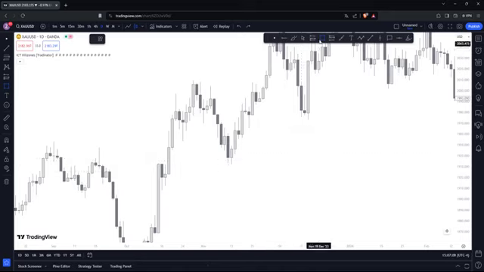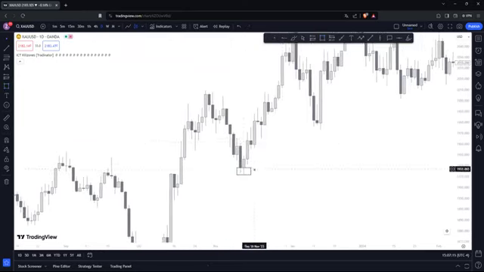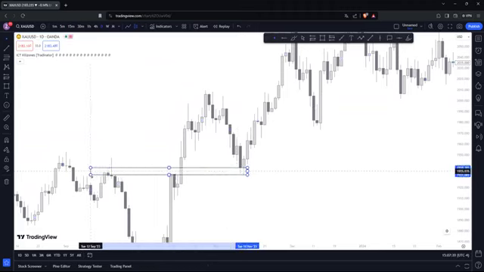You're going to grab a box. You're going to box the wicks of that swing move, and you're going to push it all the way to the left. In this box, you have to identify fresh levels that got rejected by these wicks.